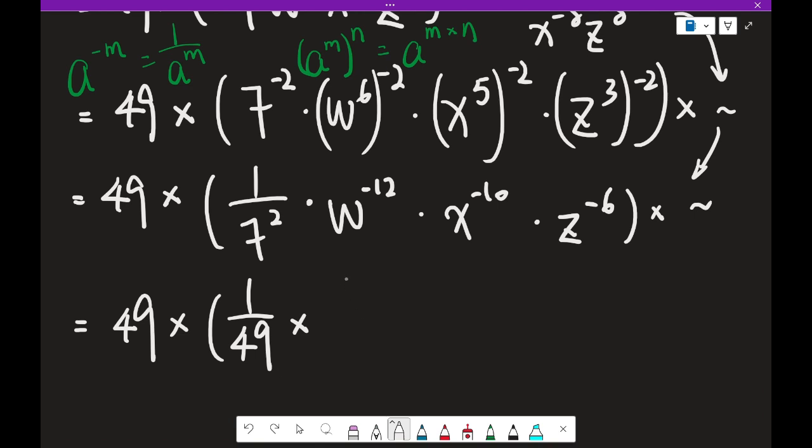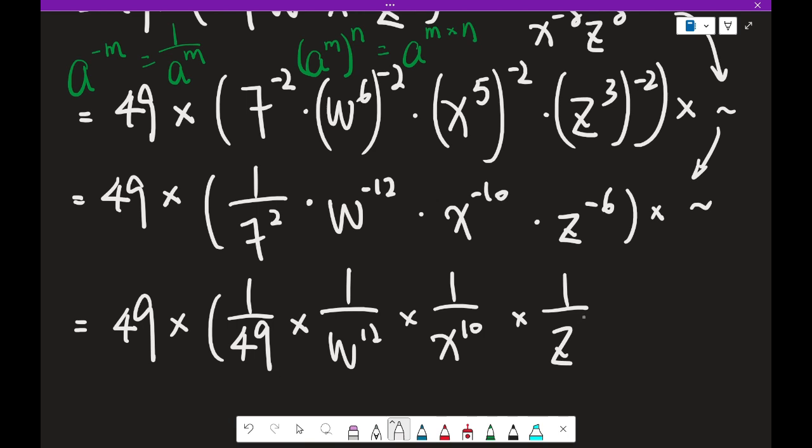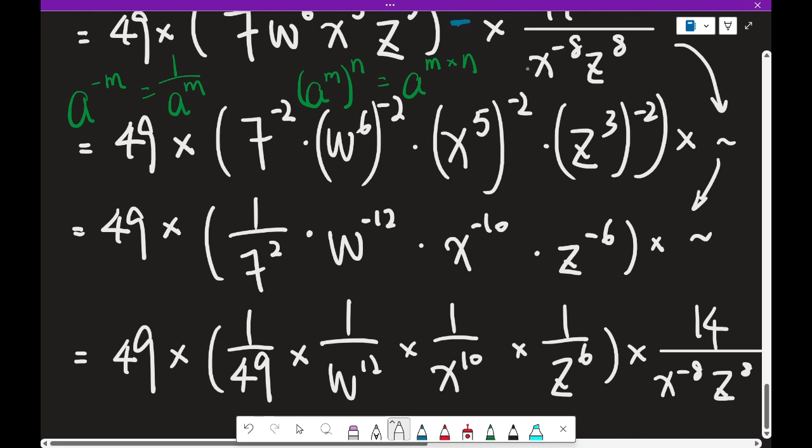So this would be equal to 1 over w to the power of 12 times 1 over x to the power of 10 times 1 over z to the power of 6 times, let me just copy this down, which is 14 x to the power of negative 8 and z to the power of 8, which is the same thing right here.